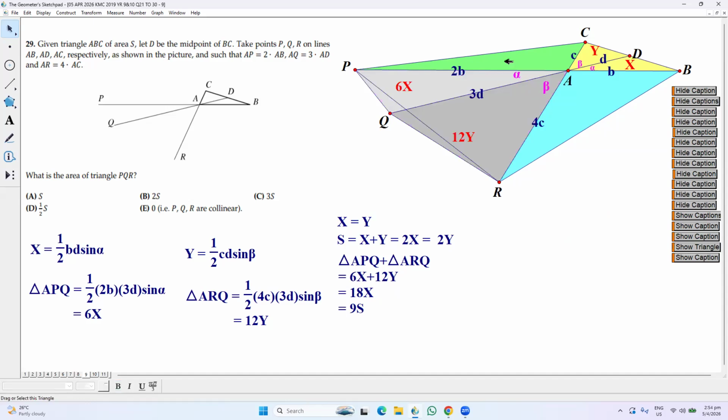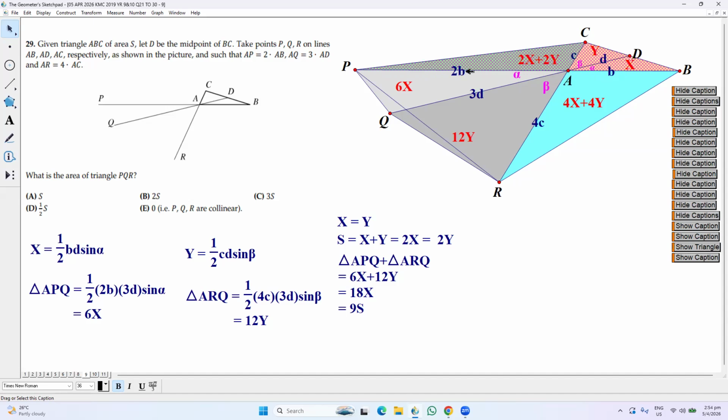So can we find APQ now? See? Because this ratio is 1 to 2, the green area must double the yellow area because of the same vertex. 2x, 2y, because it's x plus y, and it's the same height.